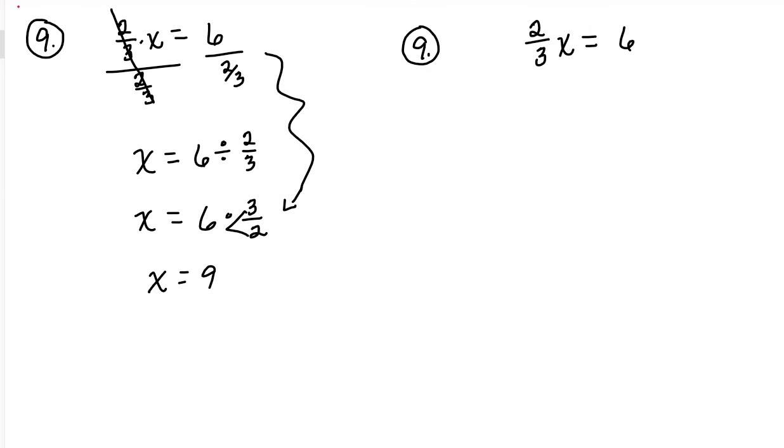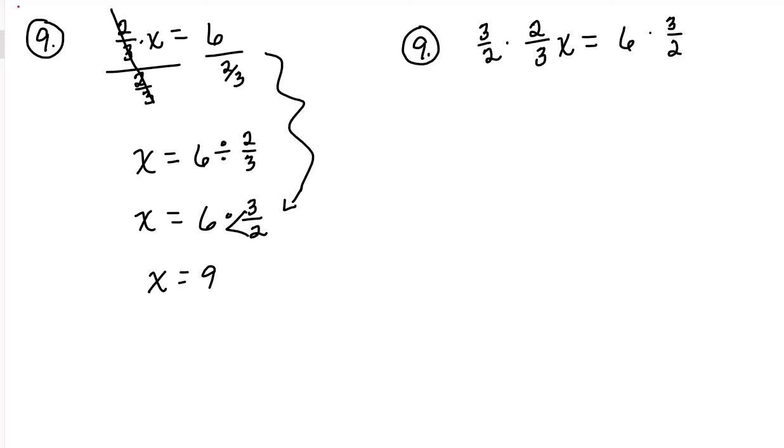Well, here's a shortcut. Notice that in the first method I used, when I divided by 2/3, I eventually had to take that fraction and flip it upside down and multiply. So we're just going to go straight to that process of flipping this fraction upside down and multiplying. So both sides of my equation get multiplied by 3/2.